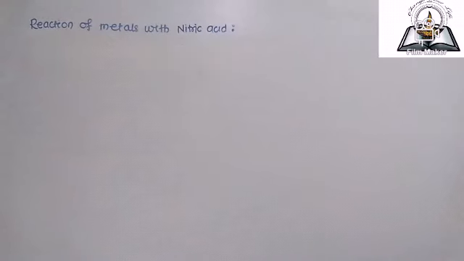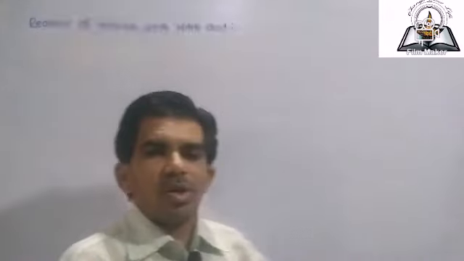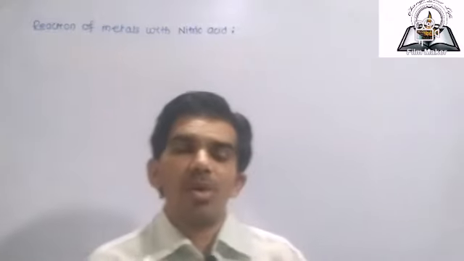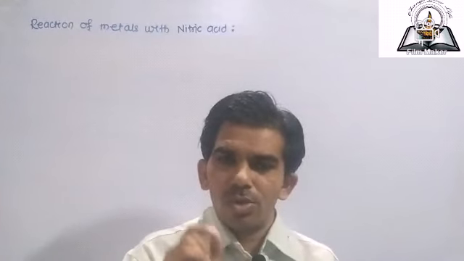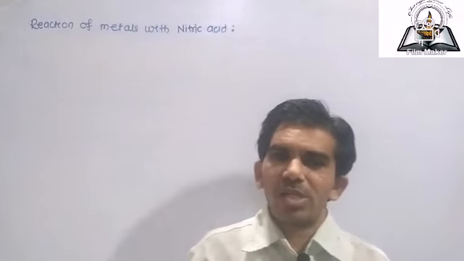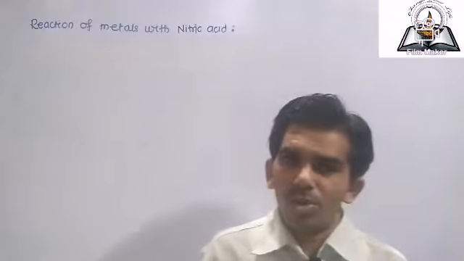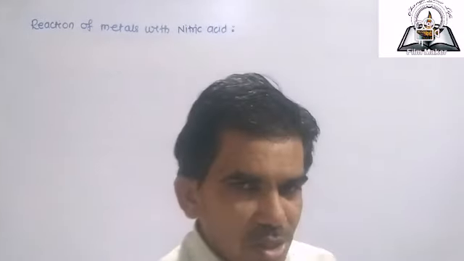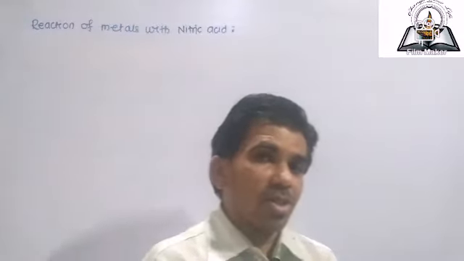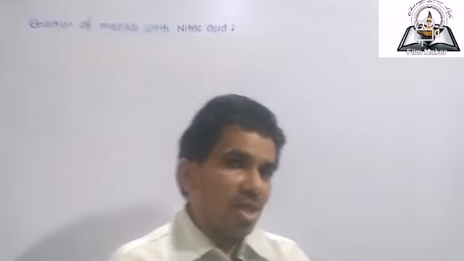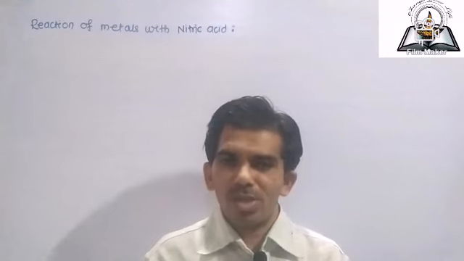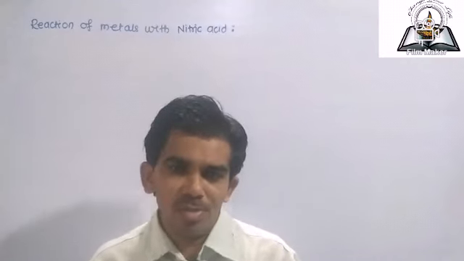So I have written the heading, the reactions of metal with nitric acid. First of all, we have seen the reactions of metal with hydrochloric acid. When metal reacts with hydrochloric acid, it gives rise to metal chloride salt with the liberation of hydrogen gas. Copper is an exception because copper does not react with dilute hydrochloric acid, as it is a least reactive element.